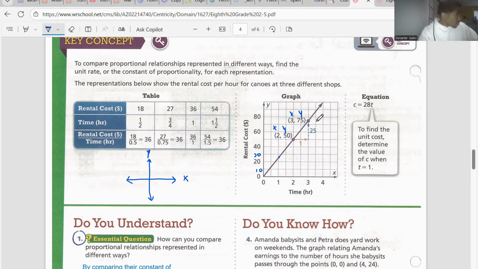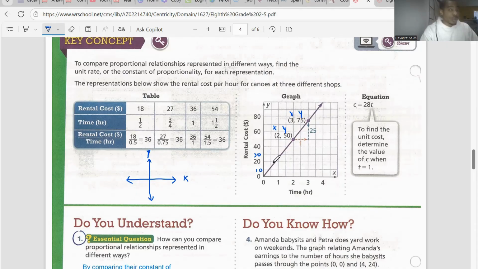Since I wasn't able to clearly identify that using my first x value, where x equals 1, I can do what? Divide my y values by my x values. So if I'm looking here for this point, my y is 50, my x is 2. All I got to do is 50 divided by 2. 25. Here's my next point. 75 divided by 3. 25.